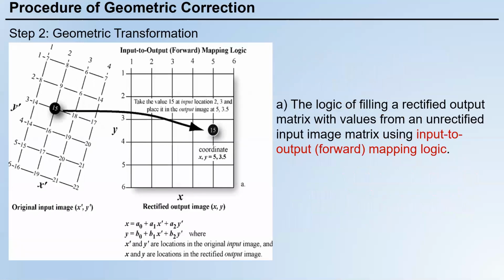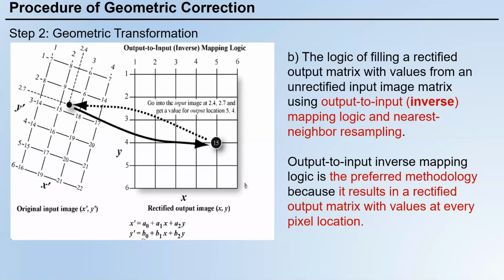But this is just an inverse method of the forward mapping logic. In the forward mapping logic, we identify a pixel in the input image and try to find its location in the output image, and we deal with the pixel value. Here, we start with the output image first. For this specific output image pixel, according to the mathematical relationship between the reference map and the remote sensing image, it should be here in the input image.